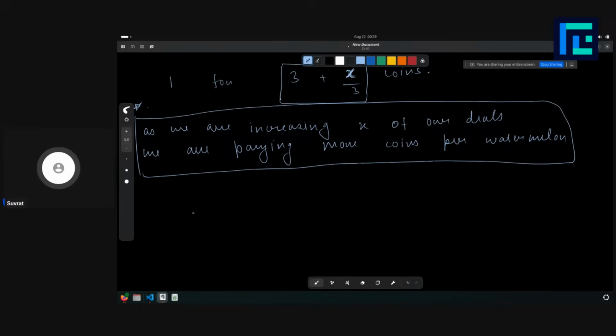Basically, if we are doing one deal of 3 to the power x melons, instead of this, what we can do is we can do 3 deals of 3 to the power x minus 1 melons. And here we'll have to pay 3 plus x by 3 coins per melon, and here we'll only have to pay 3 plus (x minus 1) upon 3 coins per melon.